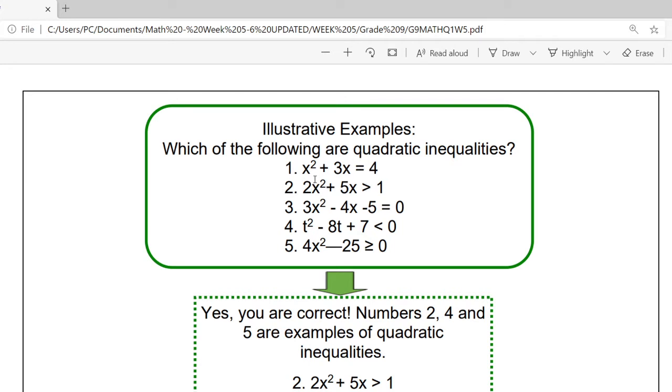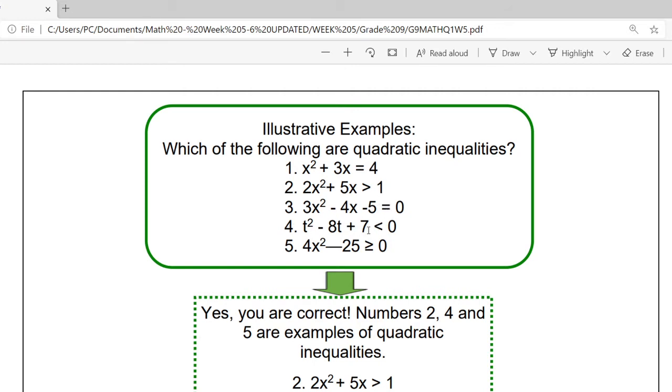Number 2 is quadratic because the highest exponent is 2, and it is a quadratic inequality because the symbol there is an inequality symbol, greater than. Next, number 3 is a quadratic, but it is an equation because of the equal symbol.